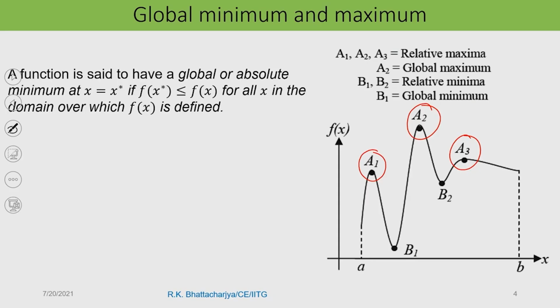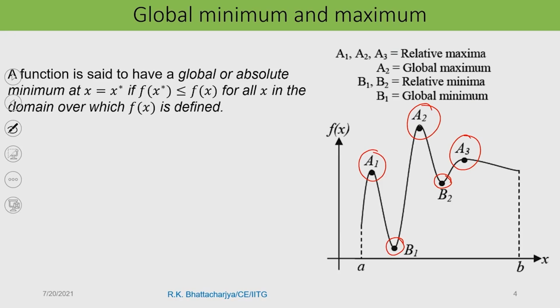Because the first derivative is 0 at a1, a2 and a3. The slope of the function at these points is 0. Similarly, the first derivative is also 0 at b1 and b2. So, a1, a2, a3, b1, b2, all these points are stationary points because the first derivative is 0.